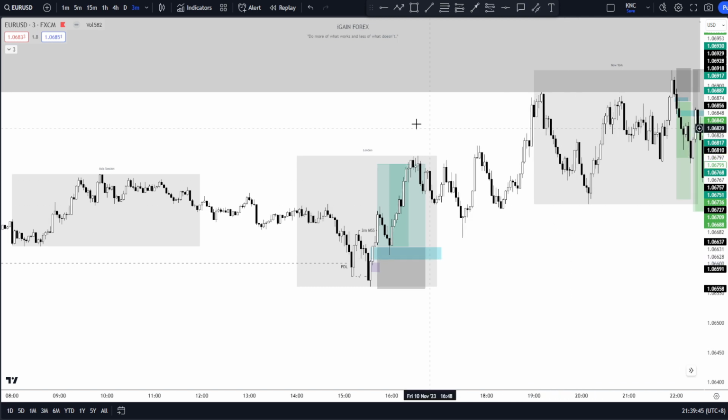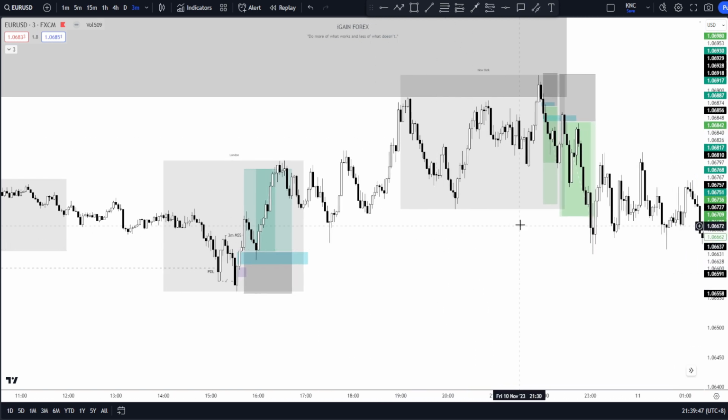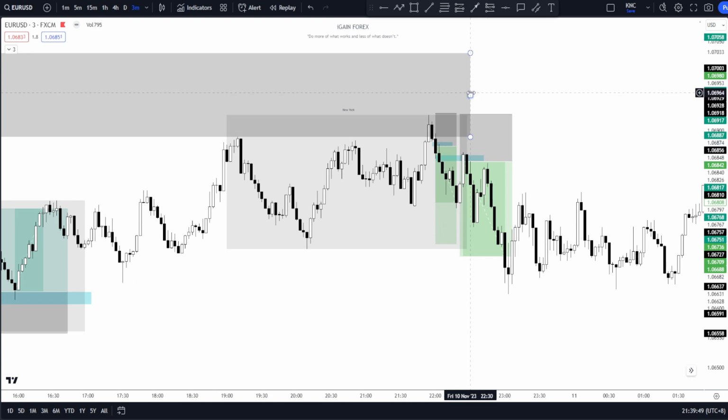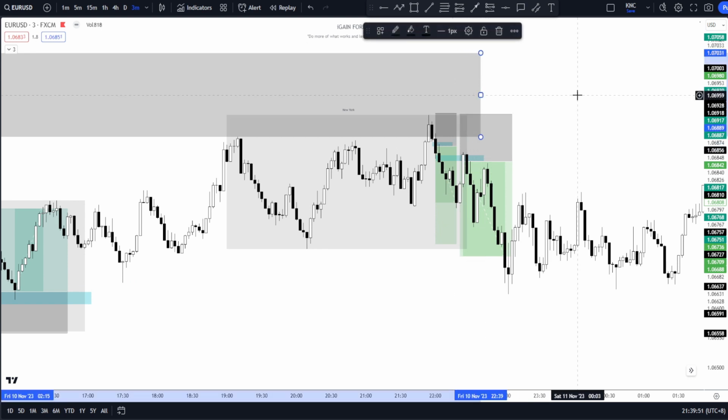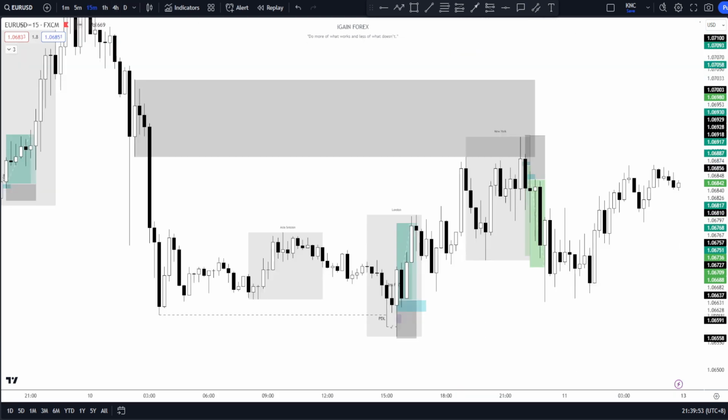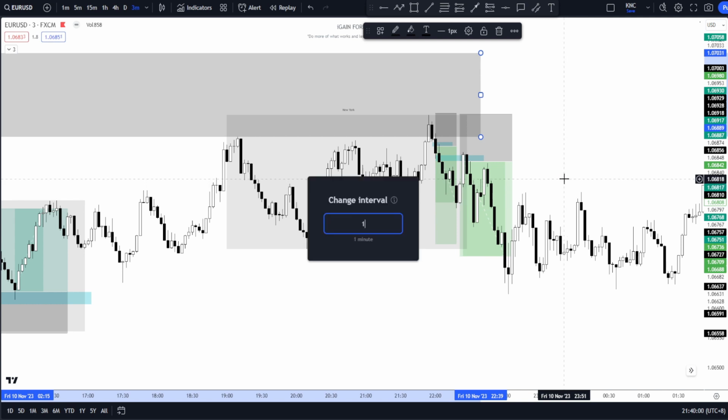Yeah. So for our next trade, as we can see, we have a reaction on the 15-minute supply. Going back here, this reaction. So let's go now to the 1 minute time frame again.